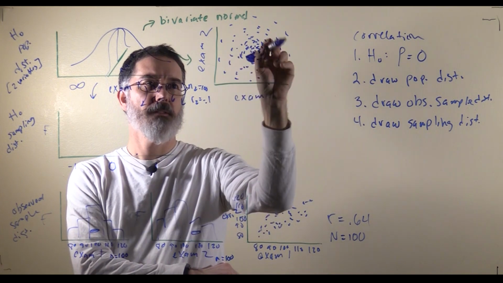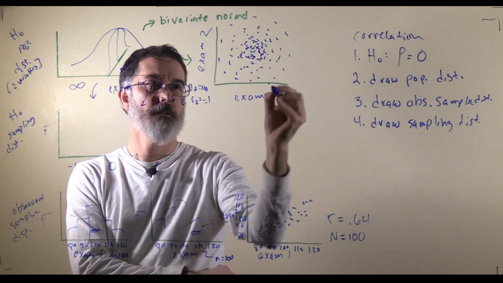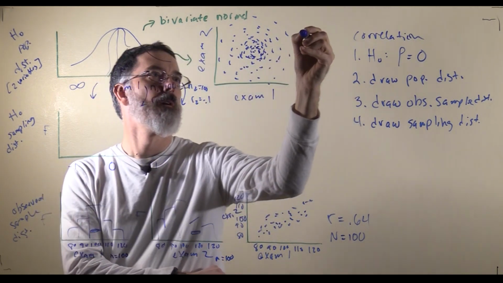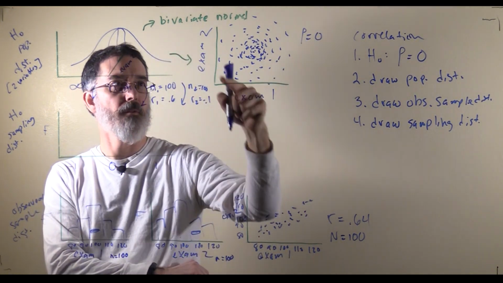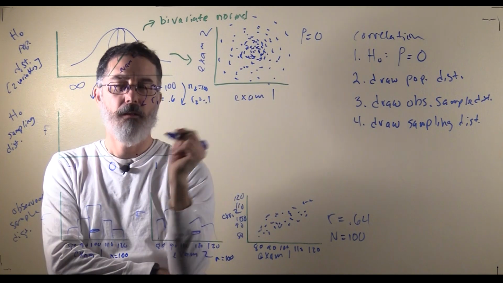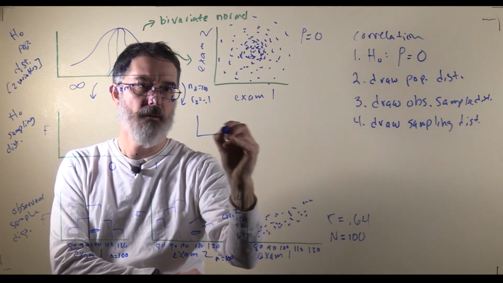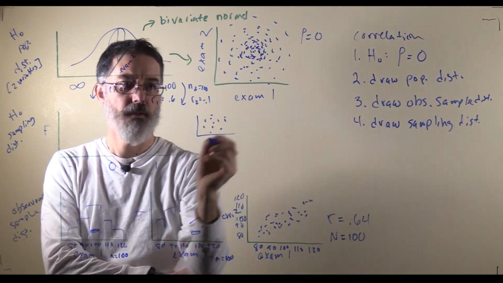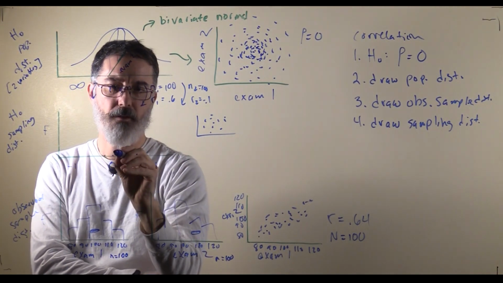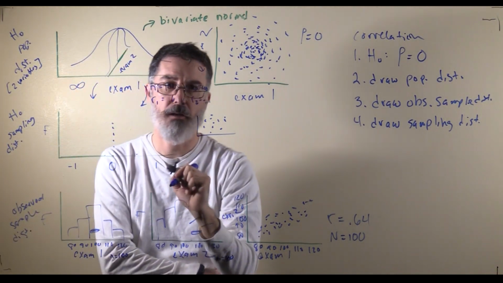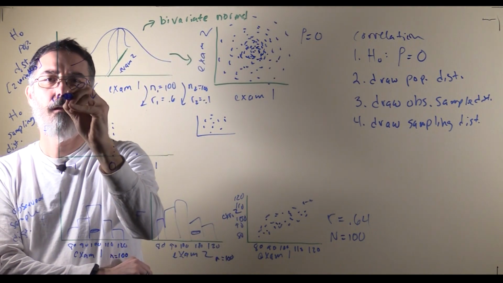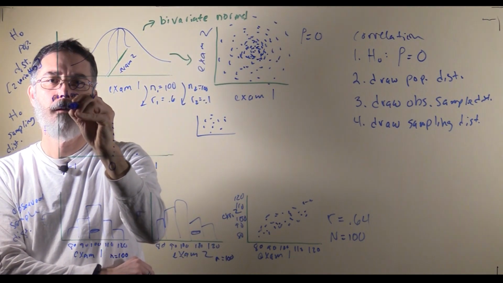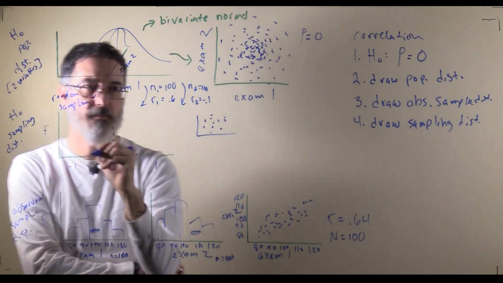Notice that at the population level, the correlation rho was 0. So that means when we're getting random samples from here, usually we're going to get samples that have a correlation of 0. So that's going to be the most common kind of observed sample that we get due to random sampling.